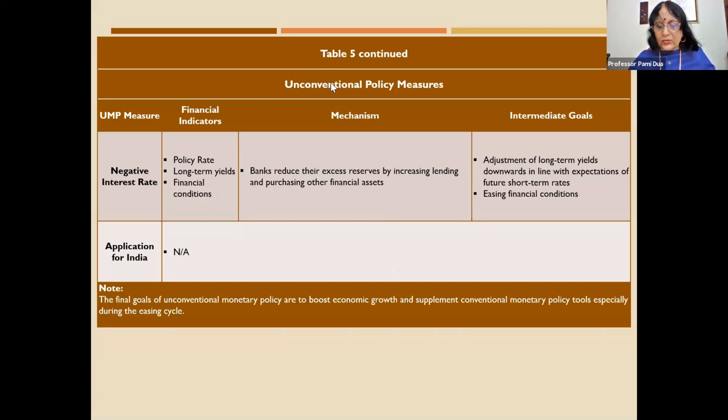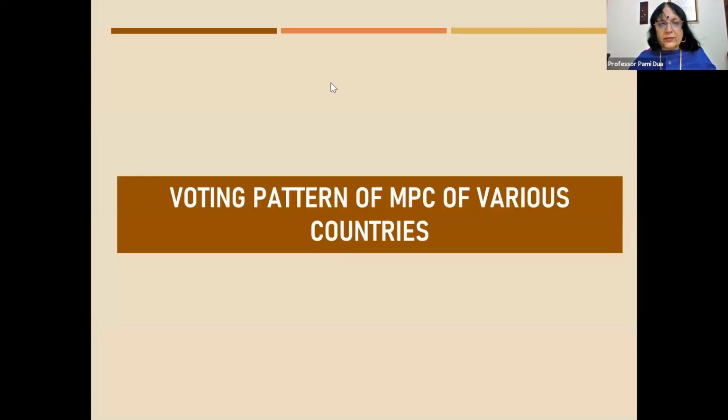But India has used the three other unconventional monetary policy measures. And therefore, in terms of policy, it has used conventional monetary policy, and it has used unconventional monetary policy. Monetary policy on its own is not sufficient, so we have needed fiscal policy, which the government has also provided.